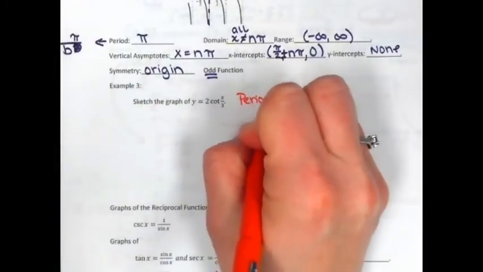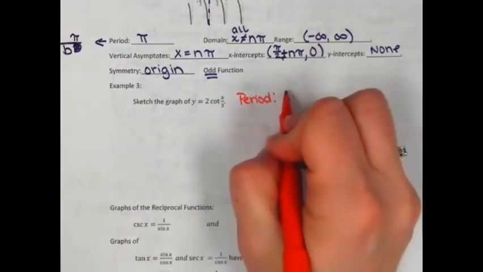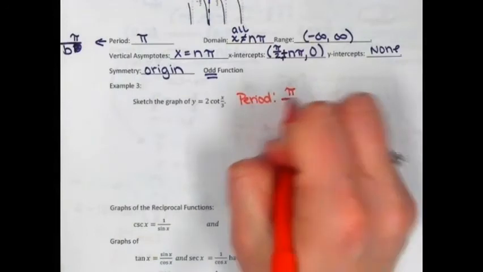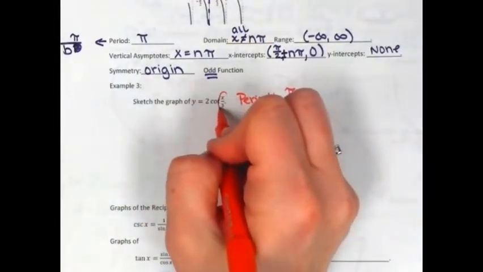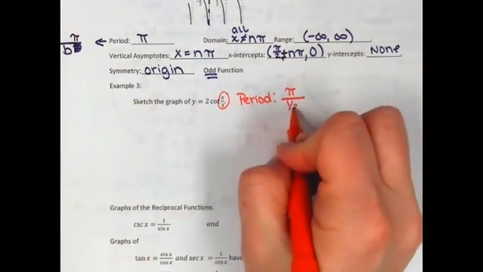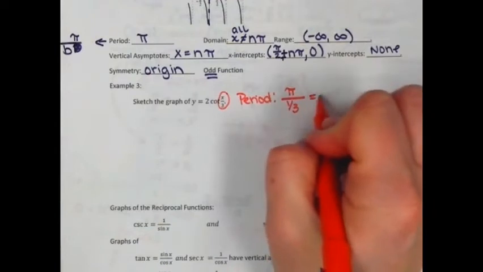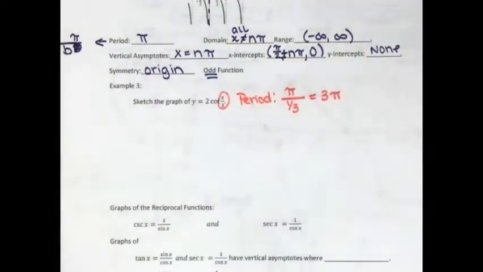It's cotangent or tangent, so normally it's always what? Pi. And then we divide by my b. What is being multiplied by x? 1/3, right? So what is pi divided by 1/3? 3 pi. So now instead of just going from 0 to pi, we're going from 0 to 3 pi.